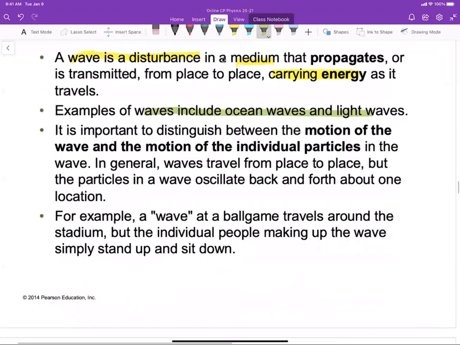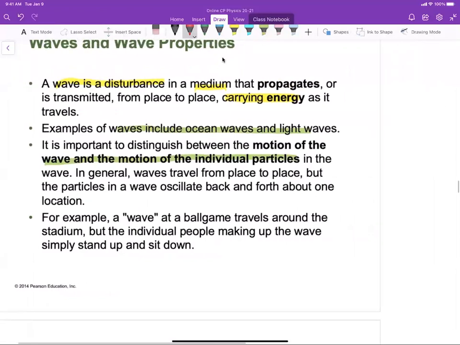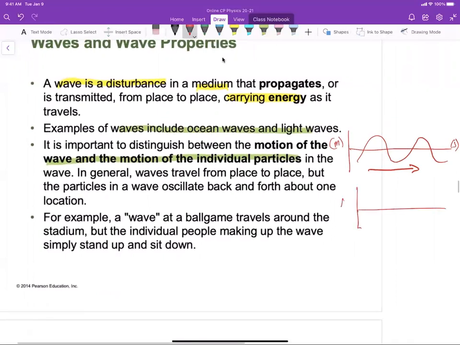It is important to distinguish between the motion of a wave and the motion of the individual particle. So we can have a graph that has the motion of a wave, which should have distance in meters versus time in seconds, so we can see the wave traveling, as opposed to a graph of meters distance in the y direction and meters distance in the x direction.